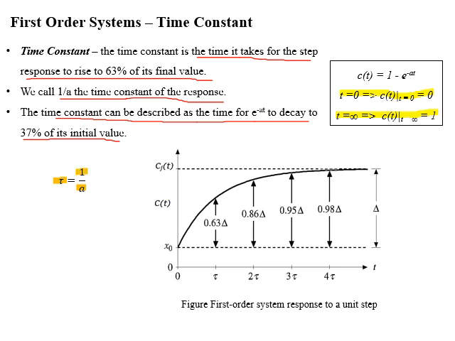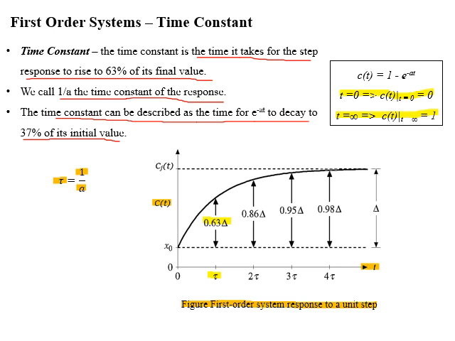Now if you look at the figure, which represents the step response of first order systems, the time axis is divided into time constants against the output of the system. After the time of one time constant, or 1 tau, the output is equal to 63% of the final value.